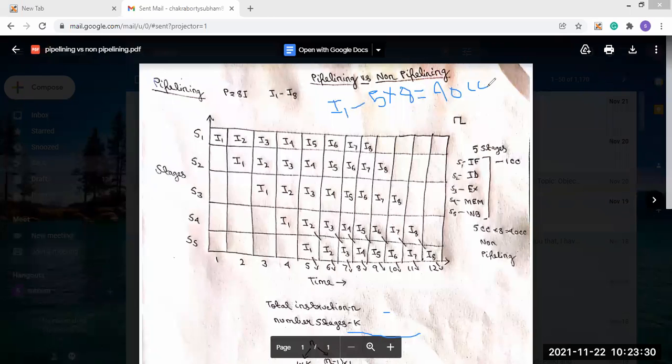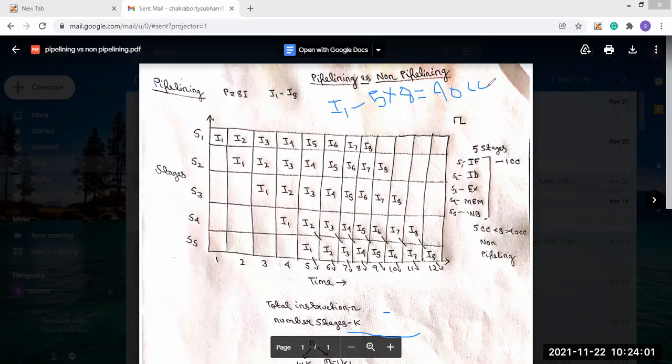But in non-pipelining architecture, why do we do that? Because we want the number of clock cycles to be less, and in fewer clock cycles we execute our total program. If we use the non-pipelining architecture, to execute this program it requires 40 clock cycles.